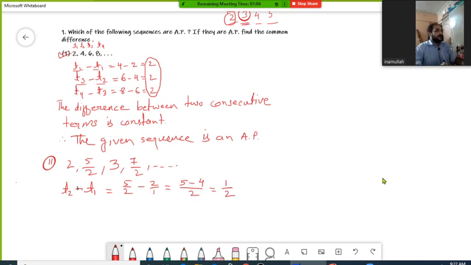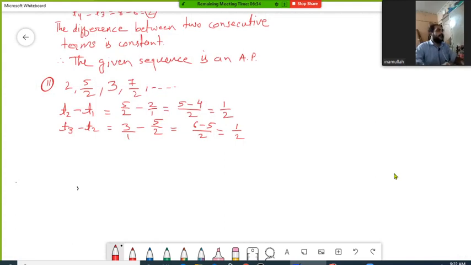So the difference between the first and second term is 1 by 2. Same way, I'll take T3 minus T2. T3 is 3 minus 5 by 2. So here I can take 1. 3 twos are 6 minus 5 upon 2. So 6 minus 5 will give you 1 by 2 again.